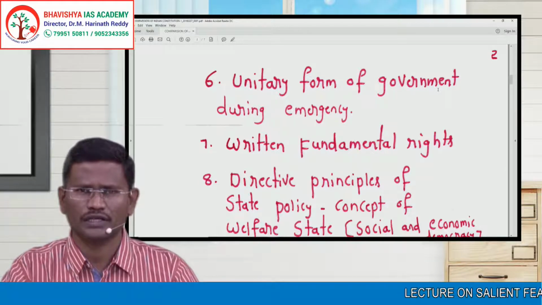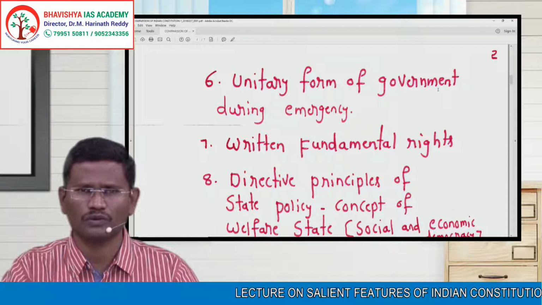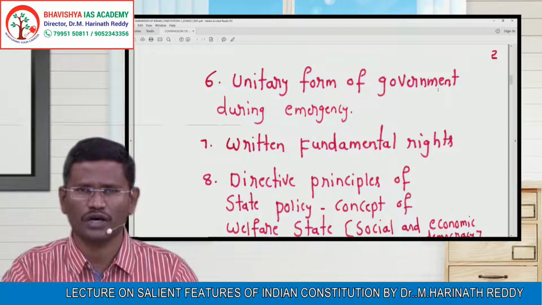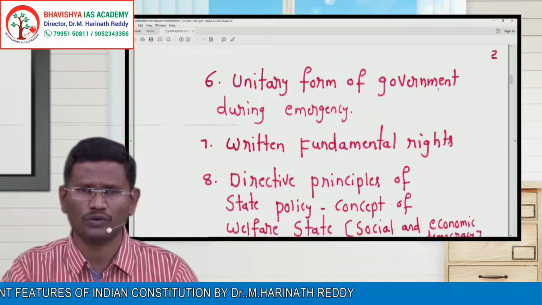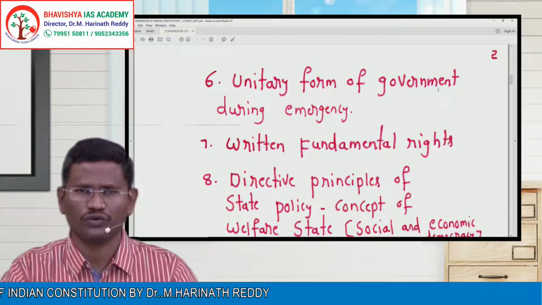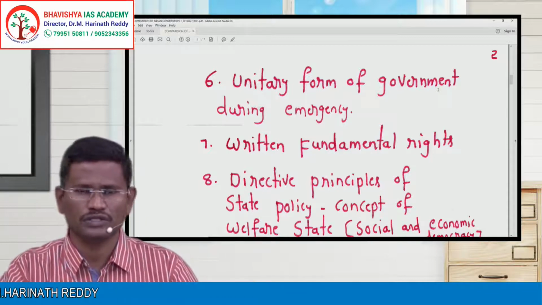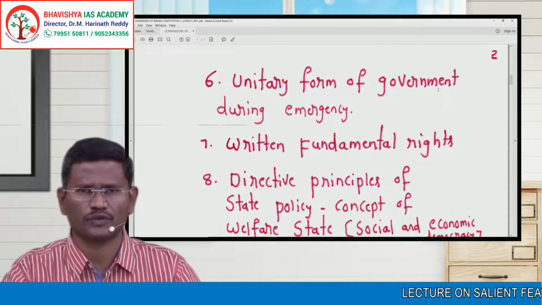Under Article 32, a writ petition can be filed before the Supreme Court. Under Article 226, a writ petition can be filed before the High Court. The citizen can straightaway go before the Supreme Court or the High Court for enforcement of his or her fundamental rights. So this is again one important feature. This is to ensure that the rights and liberties of the citizens are protected.